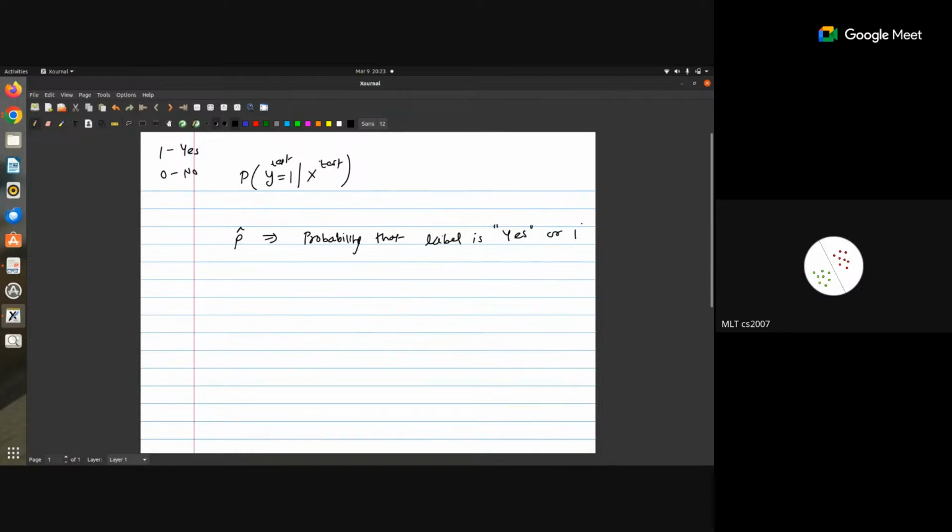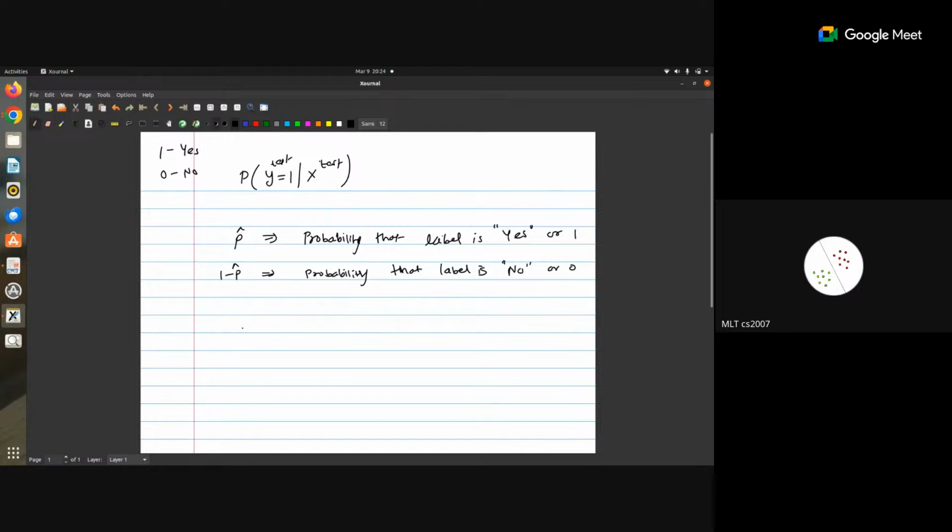And then naturally 1 minus p hat will be the probability that the label is no, or 0.